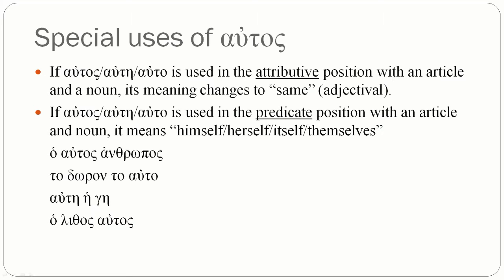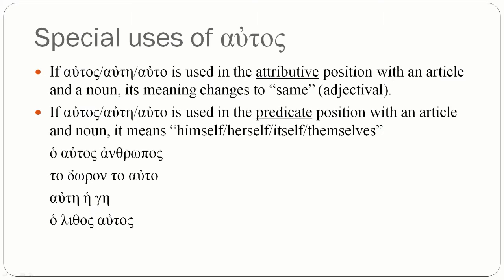Intensifying that. So it's one thing to talk about this. Let's look at some examples, especially if you need to be reminded of what attributive and predicate means. Look at the first example there. Ha autos anthropos. All of these forms are really easy to note, right? All of the endings are the same. They are all masculine singular nominative.